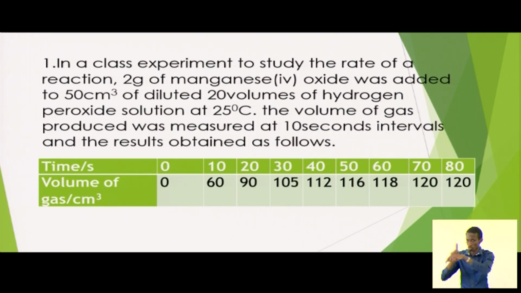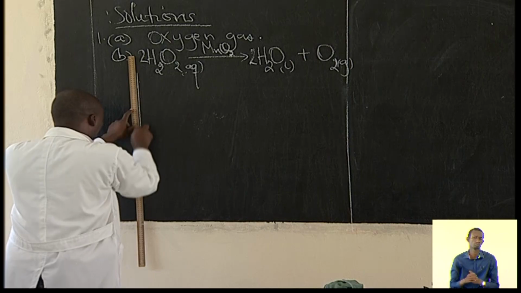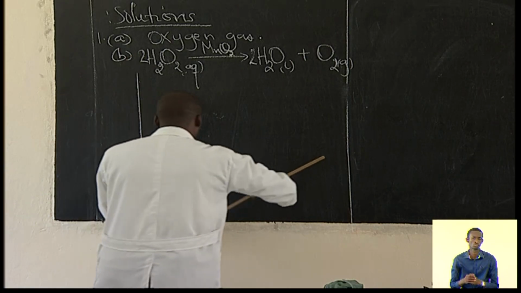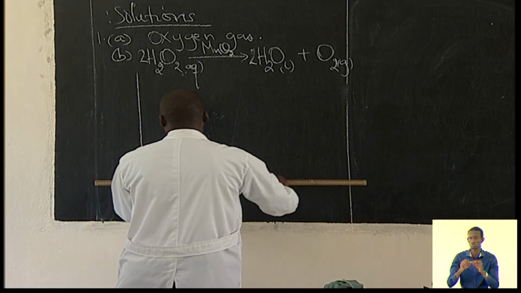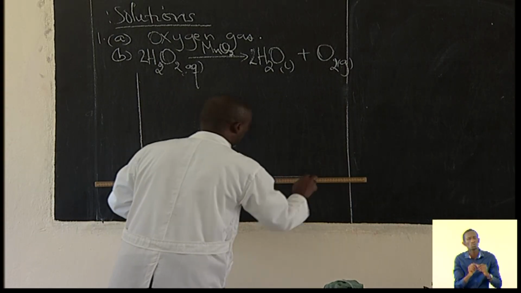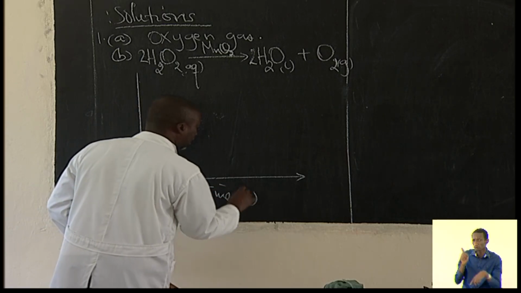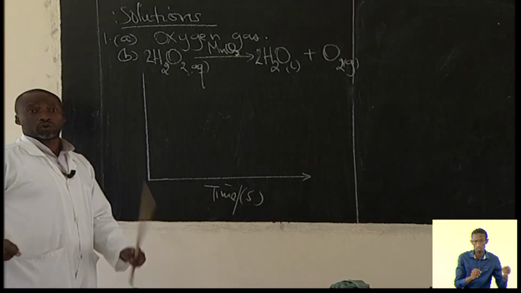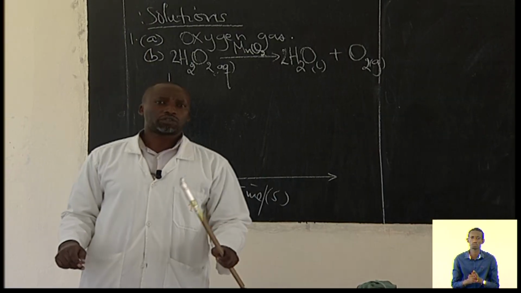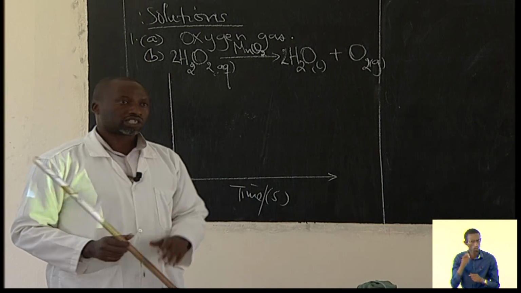The volume of the gas is on the y-axis, and the time taken is on the x-axis. The time taken is in seconds. Whenever you are plotting a graph, there are some important points you need to remember. Label the scales.